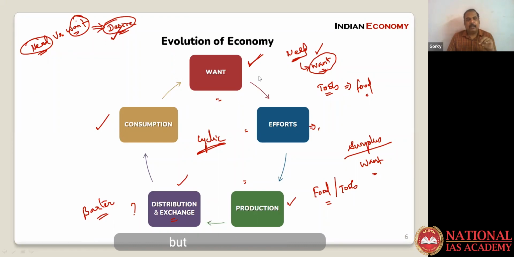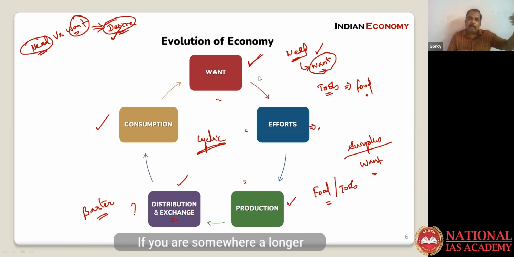But how did it evolve? First, it was only within the people. But after that, it started expanding from region to region, country to country, continent to continent. Thereby, various other aspects came in. For example, if you are nearby, I can just walk, give and take back.